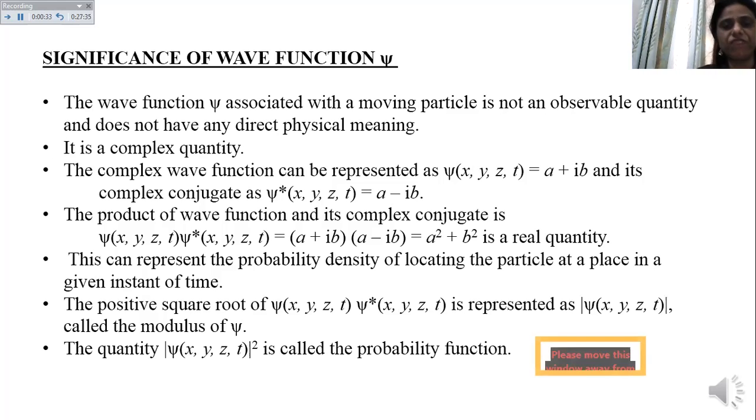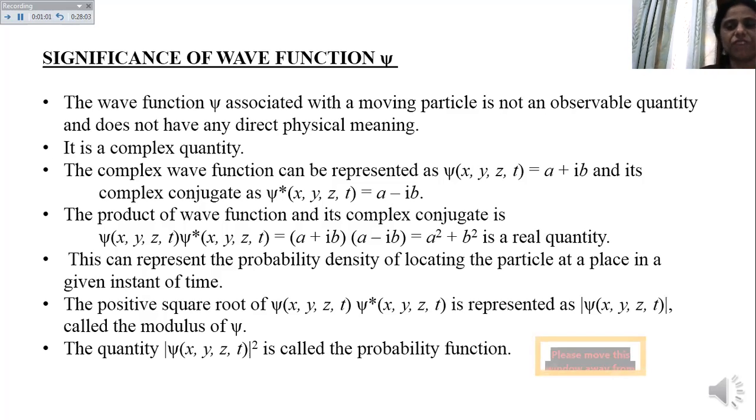So how is a wave function studied? The wave function psi depends on 4 parameters, that is x, y, z, t. x, y, z are our 3 dimensional space, and t is time. Since it is a combination of a complex number and a real number, it is stated as a plus iota b, and its conjugate is a minus iota b.